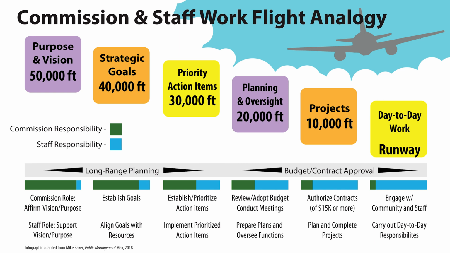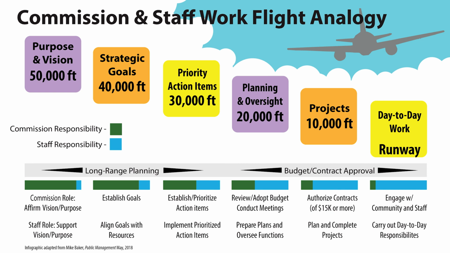As you can see, the greener the bar is, the more the City Commission is involved in that aspect of the process. The bluer the box, the more that staff is responsible for that process along this journey that we're about to take. So that gives you just an understanding of where we're going to go with this as we begin our approach.